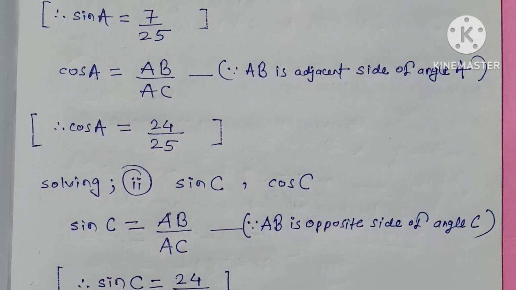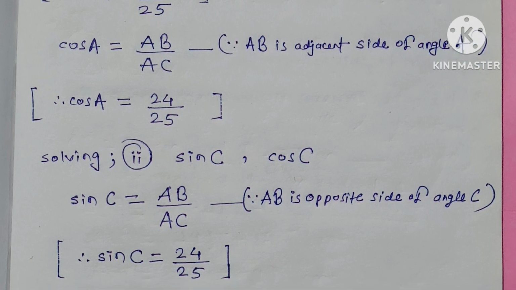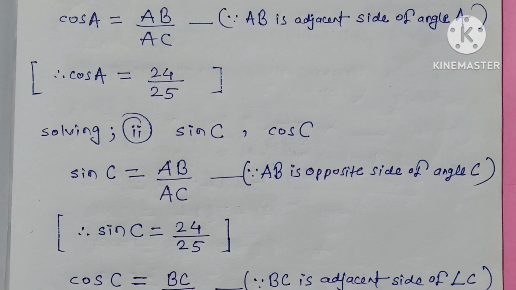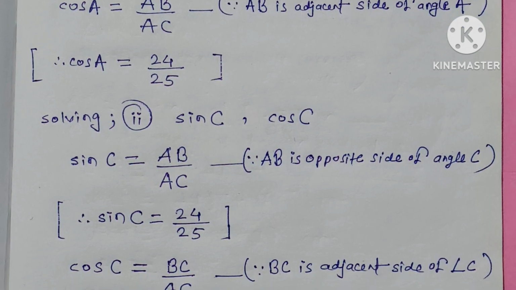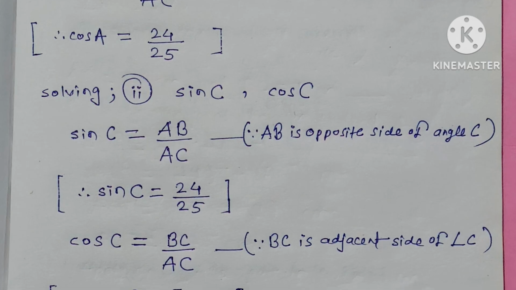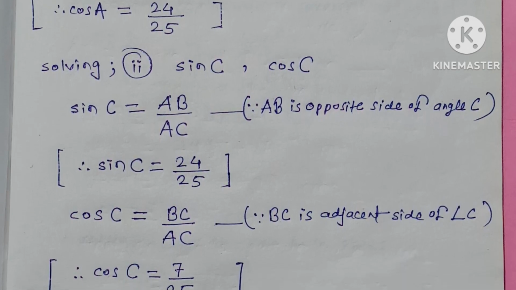And when it comes to sine C, we are going to use the opposite side as AB divided by hypotenuse, which is AC. And when it comes to cos C, the adjacent side will be BC, and then we'll divide it by the hypotenuse, which is AC. So we'll solve this.